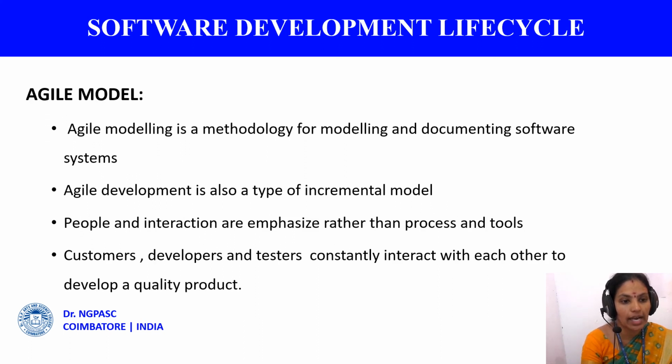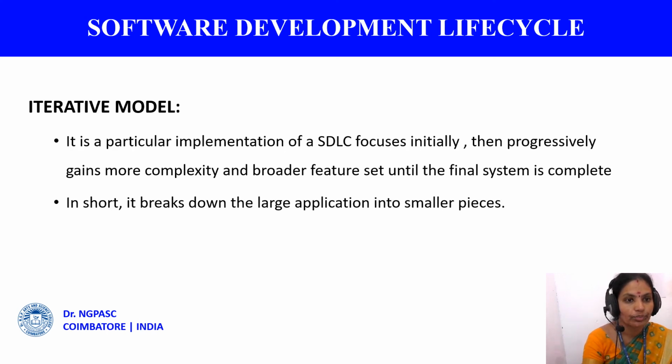Next one is the agile model. Agile modeling is a methodology for modeling and documenting software systems. Customers, developers and testers constantly interact with each other to develop a quality product. So in this agile model, interactions are more. Next one is the iterative model. It is a particular implementation of SDLC.